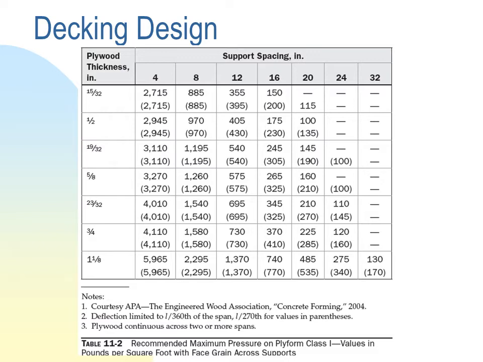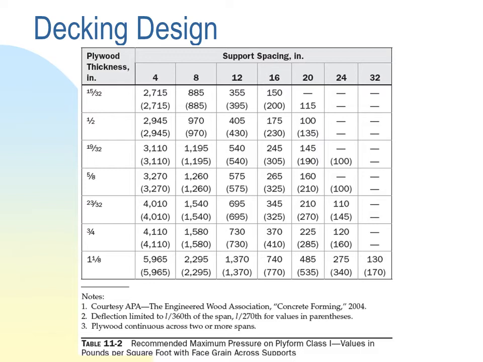However, again, you must be very careful, because according to footnote number 3, it tells you plywood continues across 2 or more spans. And the caption of the table mentions recommended maximum pressure for ply form class 1.